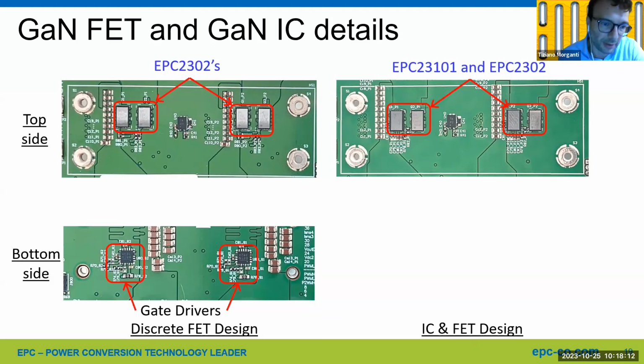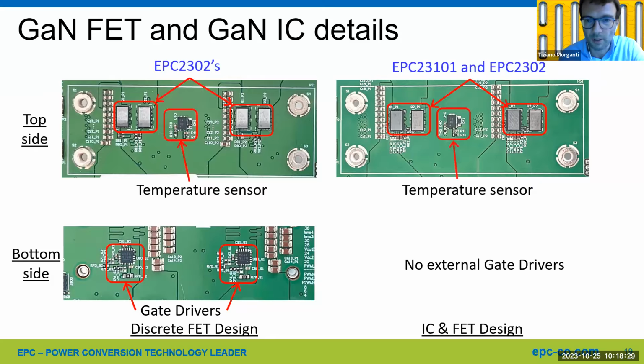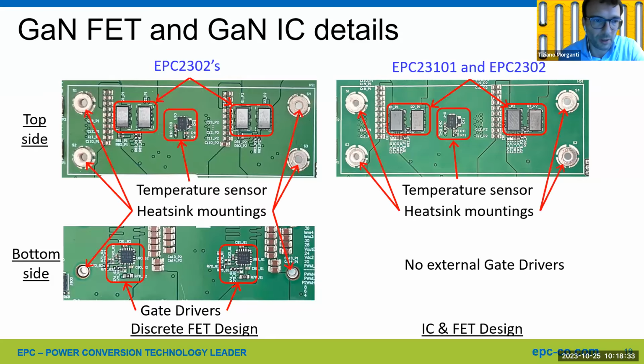We are using Monolithic Power Systems MPQ1918, which is automotive qualified. And in the power stage based board, there is no external gate driver because it's integrated in the 23101. We have a temperature sensor underneath the heatsink. We have spacers with M2 threads to mount the heatsink on the top side.